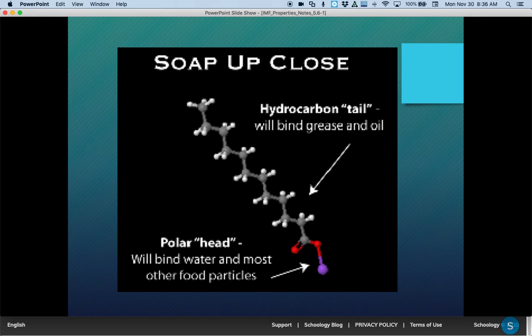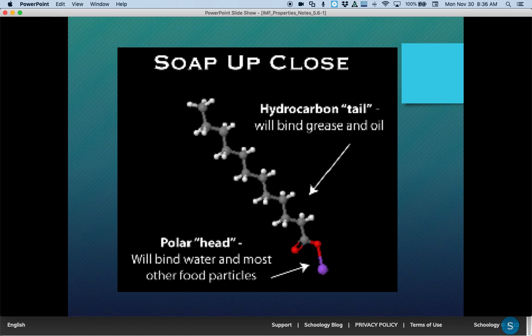And the last thing we really want to talk about is soap. Soap is kind of a unique molecule because it has different intermolecular forces going on. Soap is a class of compounds called surfactants. And what it means is they have a part of the molecule which is polar, so this is the polar head, and they have this long non-polar tail.